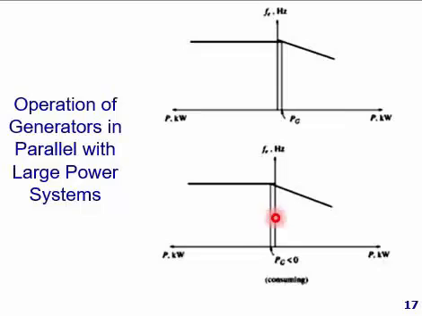The power supplied by the generator is actually negative. In other words, when the generator's no-load frequency is less than the system's operating frequency, the generator actually consumes electric power and runs as a motor.